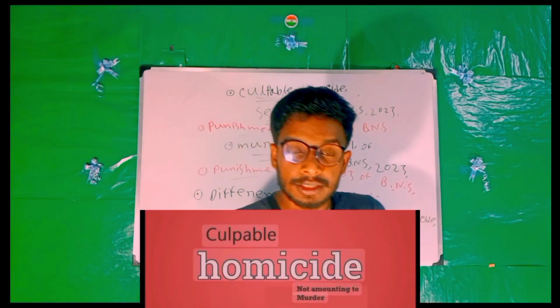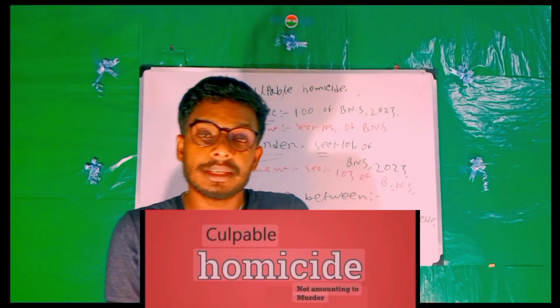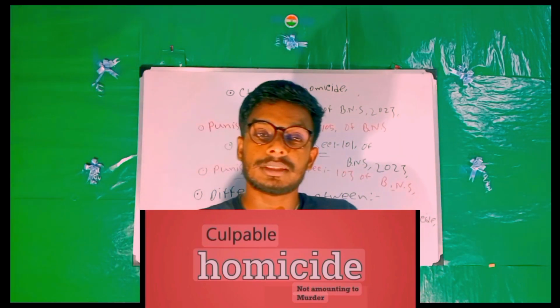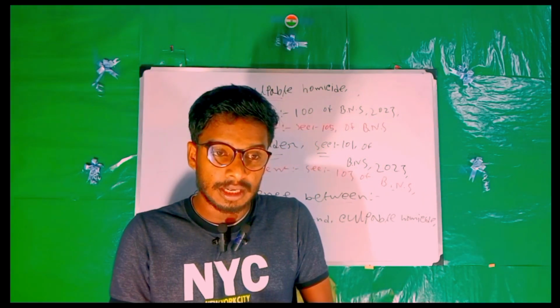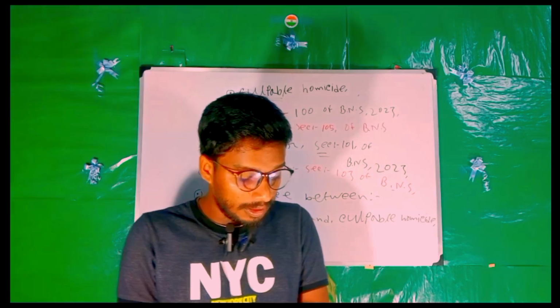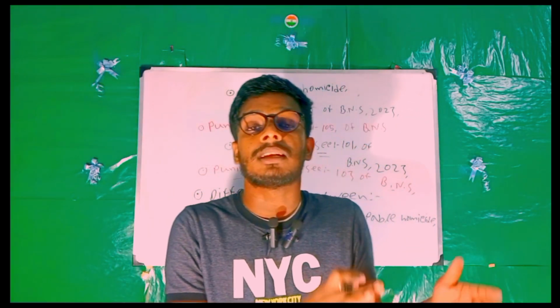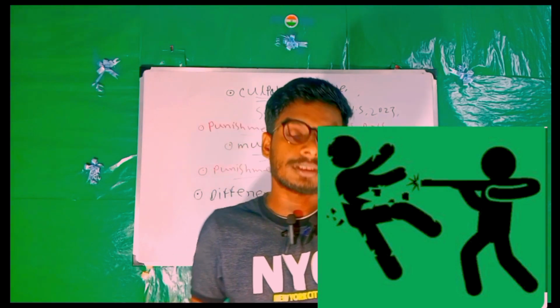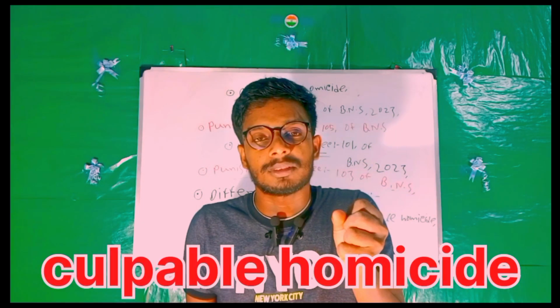Whoever causes death by doing an act with the intention of causing death, or with the intention of causing such bodily injury as is likely to cause death, and with the knowledge that it is likely to cause death, commits culpable homicide. What is the meaning of culpable homicide?